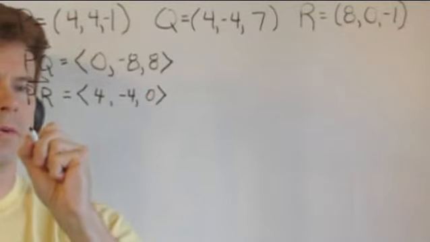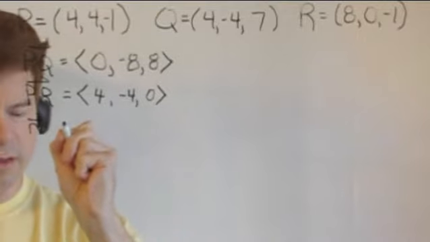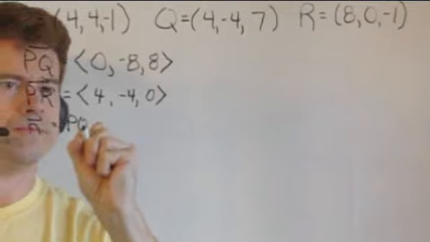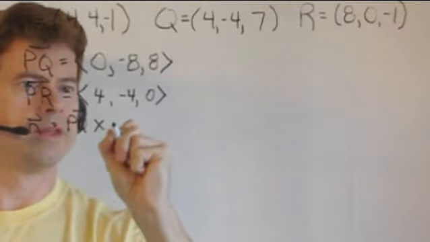Now to come up with our normal vector, we need the cross product of PQ crossed with PR.